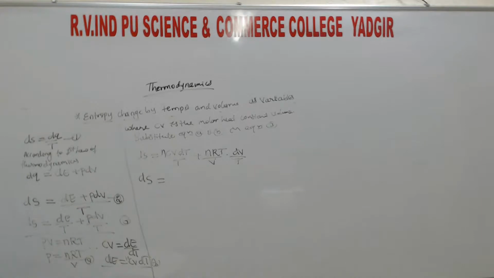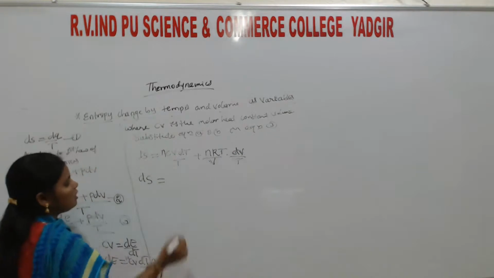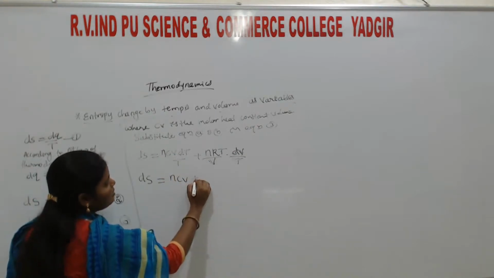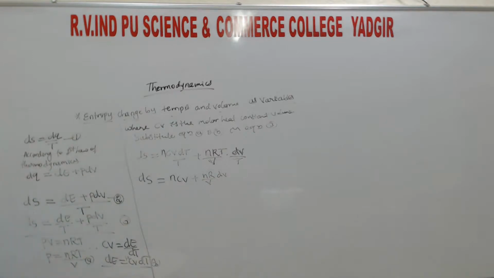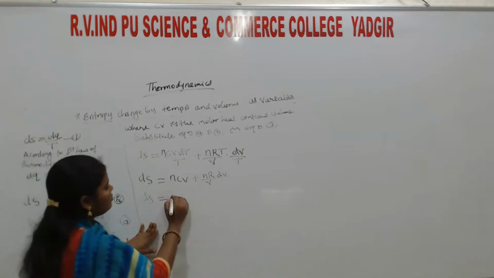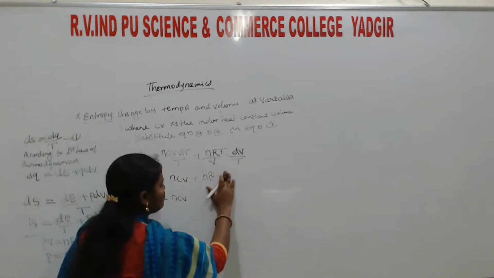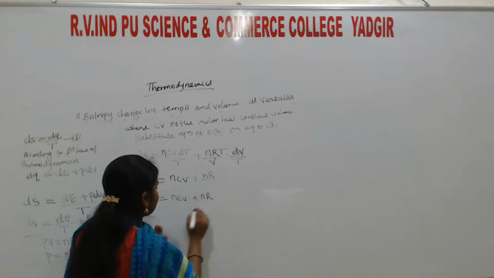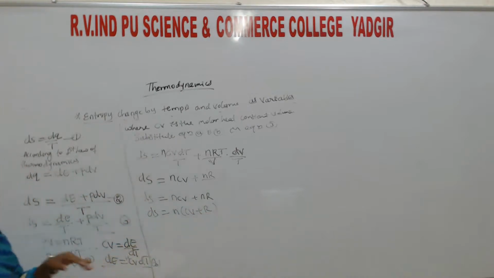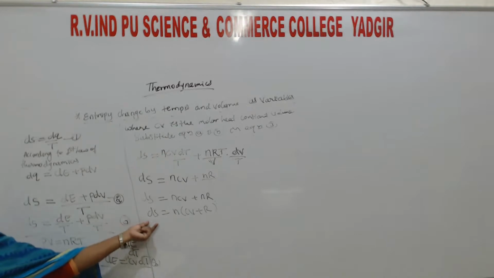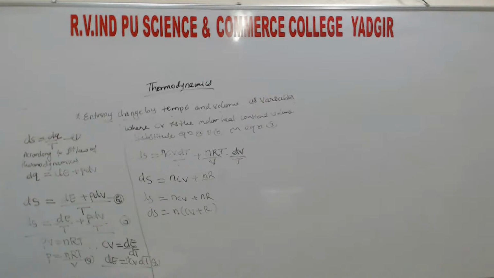You get n CV plus nR dV divided by V. Here dS is equal to, in another form, n CV plus nR; we cancel nR, taking n outside, n(CV plus R). So dS is equal to n CV dT divided by T.